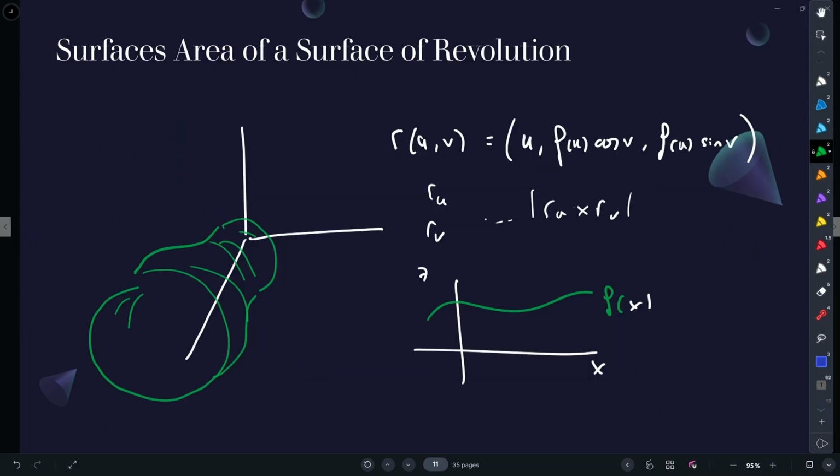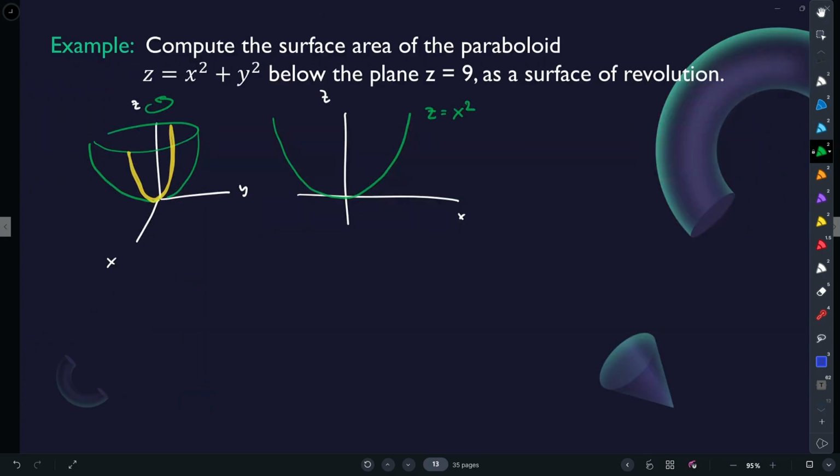In the formula we had here, the rotation was happening about the x-axis. So when we rotate about the z-axis, I want this function to be expressed as a function of z instead of a function of x.